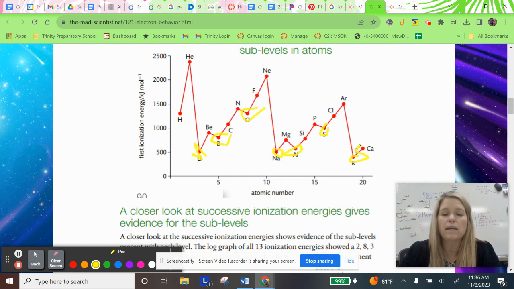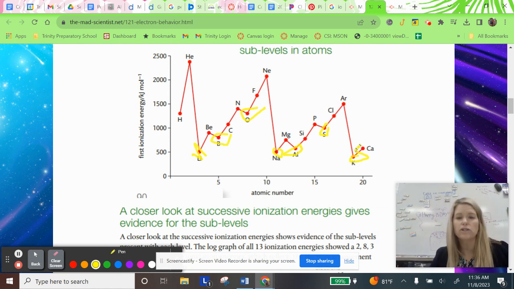So there's a reason for all these dips. And the easiest way to say it is if you draw the electron configuration for them. And actually, maybe I'll draw them on the board back here. So let's just compare two of the smaller ones. Let's compare B versus Be, boron versus beryllium. So what's the configuration?